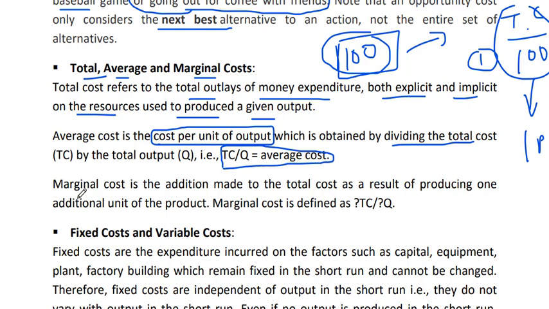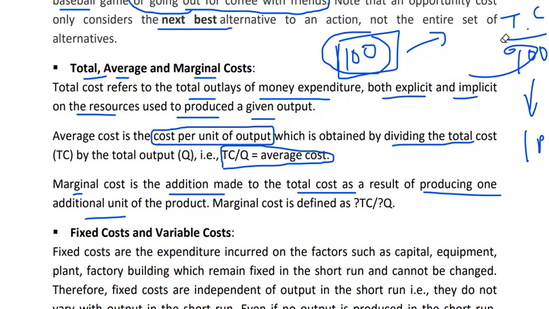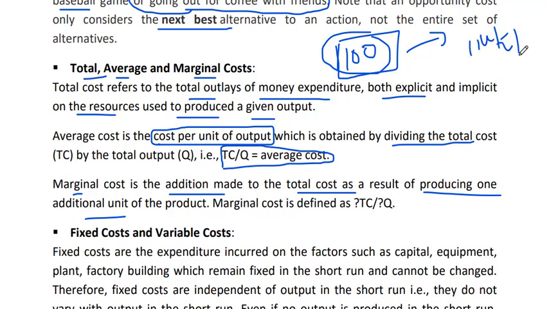And marginal cost is the addition made to the total cost as a result of producing just one additional unit of the product. Let's say for these 100 mobiles in a month, the total cost is 1 lakh.